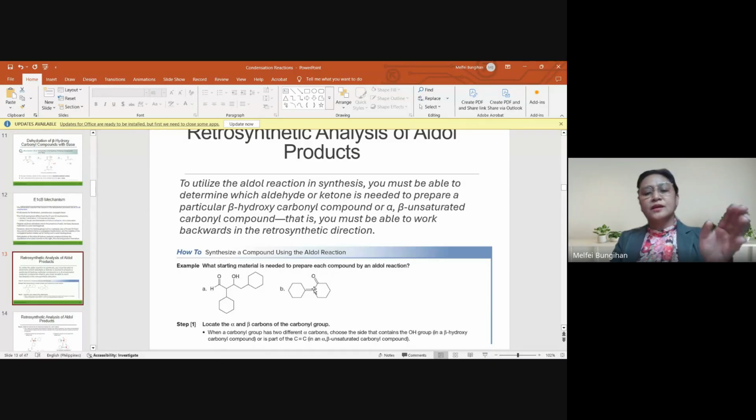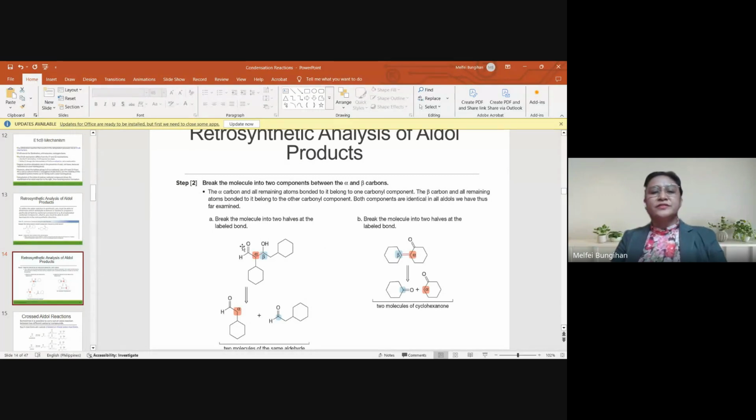In B, this is your alpha and this is your beta, and that is where your new CC bond was formed. So that's the first step: you locate your alpha and beta carbons. Then from there, you break the molecule.